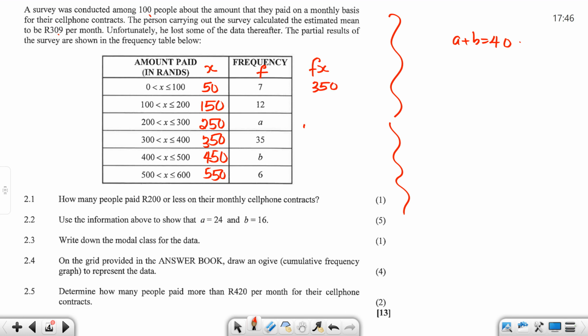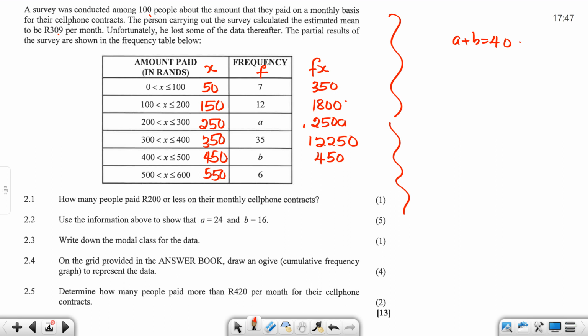What do you have? 1,800. 250 times A. 250A. What else do we have? 350 times 35. Leslie, you're watching.